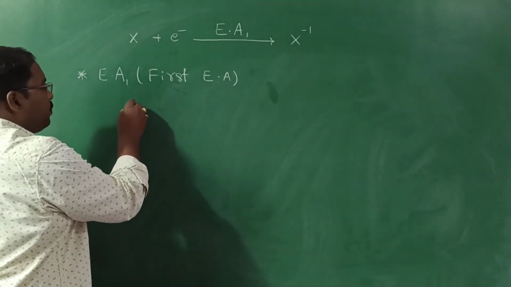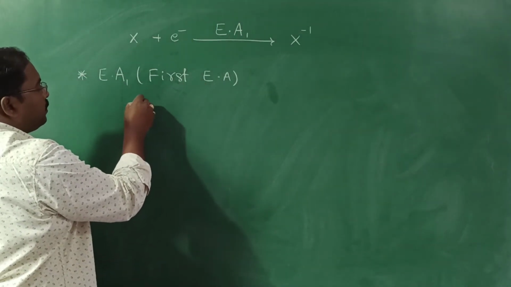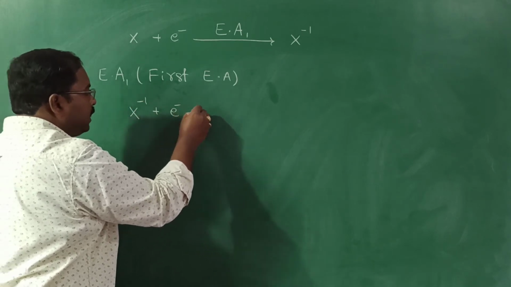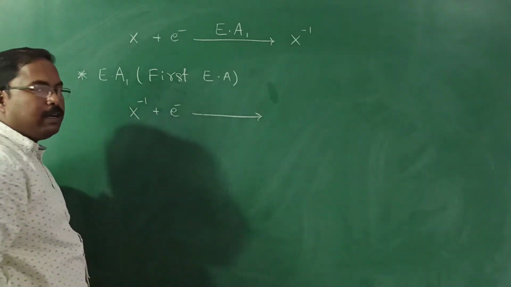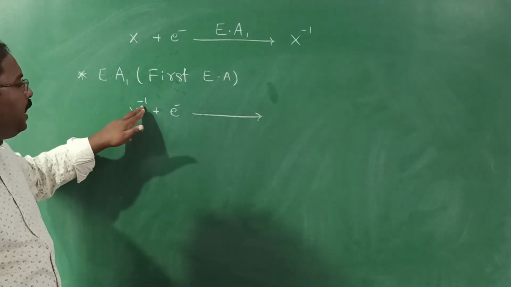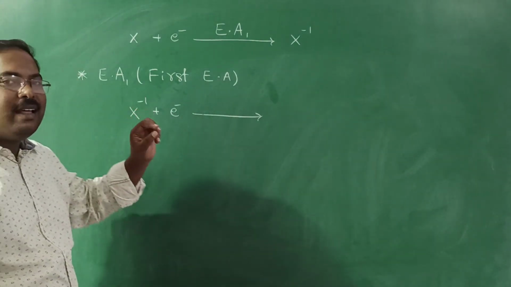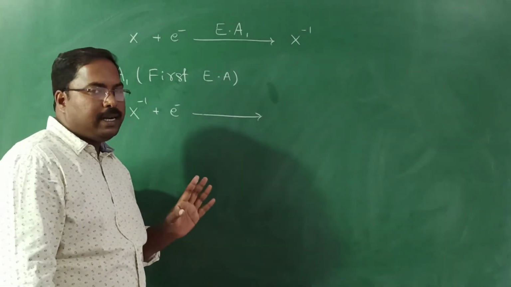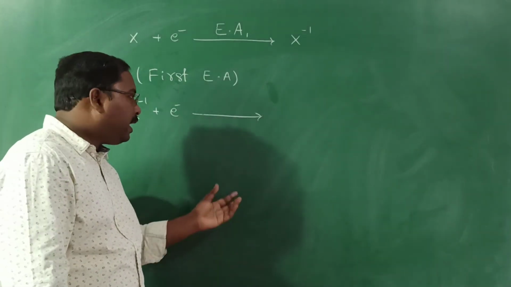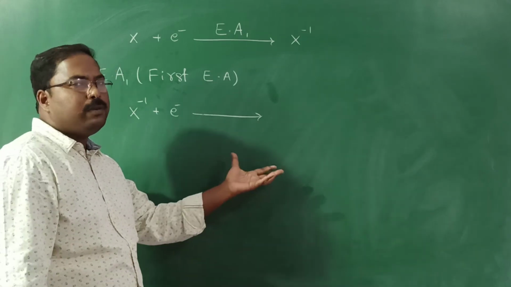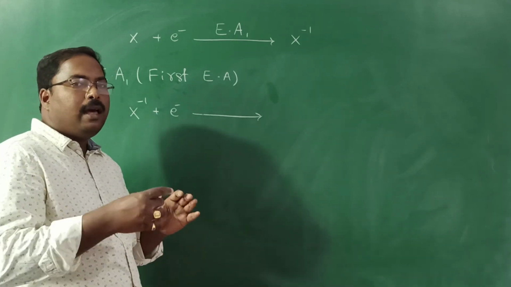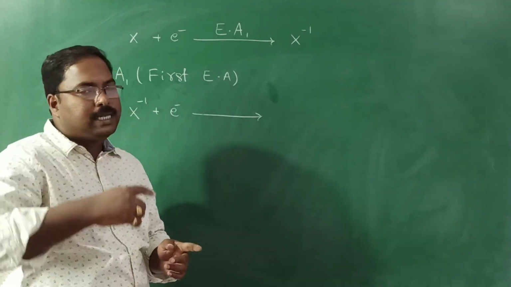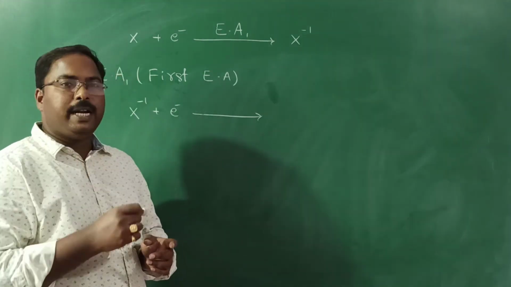The second means what? It is the amount of energy released when the electron is added to a uni-negative ion, right? Everything in the definitions is not needed to be written, because from the regular or competitive exam point of view, these will be useless. Anyway, in the ionization potential concept we clearly wrote every definition.